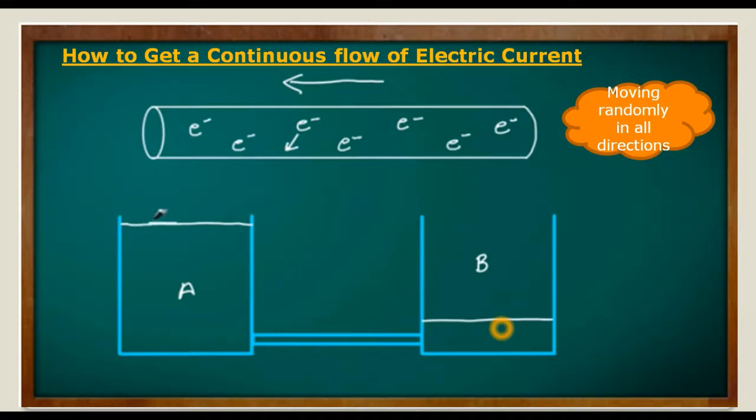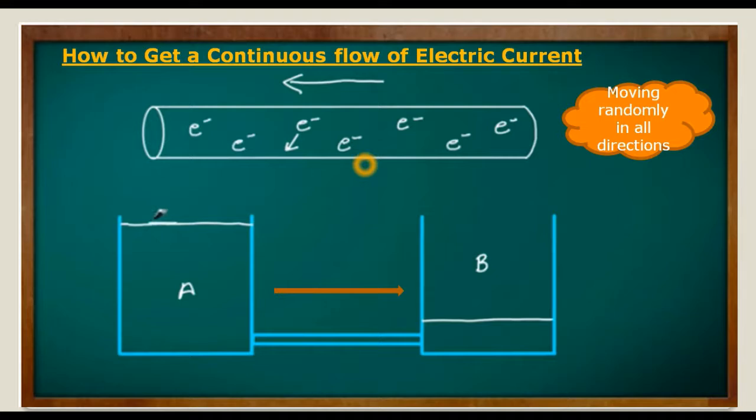Now water will start flowing from beaker A to beaker B, right? Why? Because of the difference of water level. The level is more here and less here, so water will flow from the higher level to the lower level. And the same difference is created in a conductor, so that electrons move from one end to the other end.